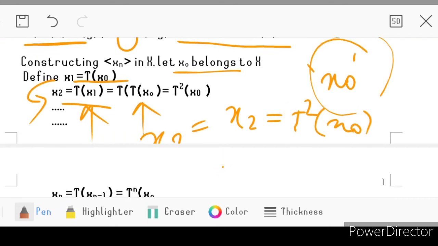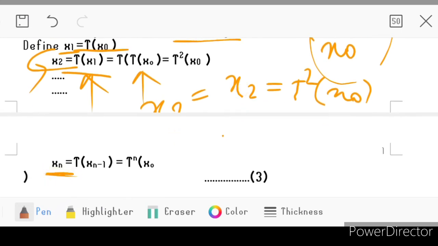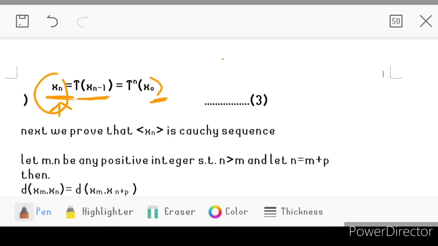In this sequence, this is x1, x2. If we want to write for the nth, it will be xn, and as you can see, when we take x1, the power is one less in the bracket. So similarly, when we write for xn, it will be one less, that is n minus 1. And if we want to write in the form of x naught, you can see that for x2 we are taking the power 2. So in xn, we will take the nth power, and we are naming it as equation number 3.